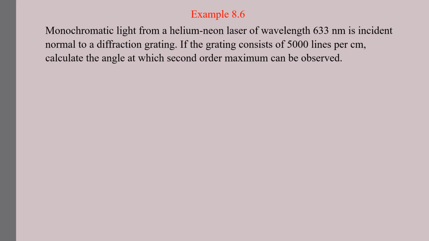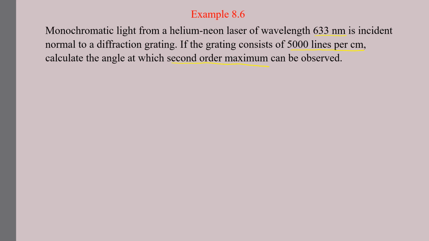Example 8.6. Okay, monochromatic light from a helium neon laser of wavelength 633 nanometer is incident normal to a diffraction grating. If the grating consists of 5,000 lines per centimeter, calculate the angle at which second order maximum can be observed.